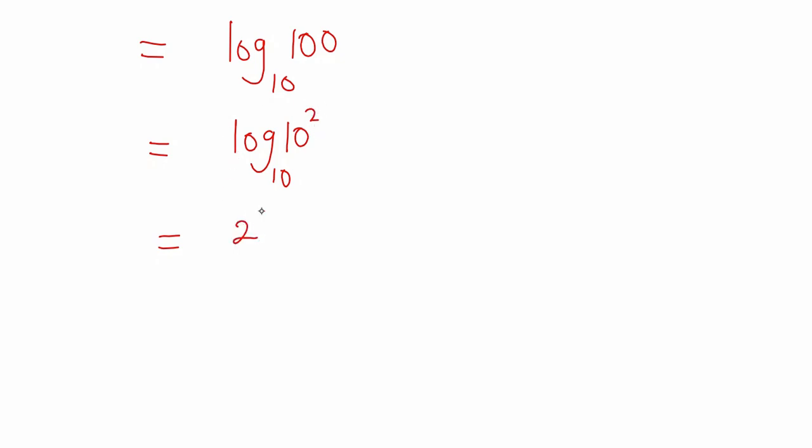So we have 2 logarithm of 10 to the base 10. Now, from the properties of logarithm, we said that logarithm of a number to the same base is 1, which means you have 2 multiplied by 1. That is log 10 base 10 gives us 1. At this point, 2 times 1 is the same thing as 2. And this becomes our final answer.